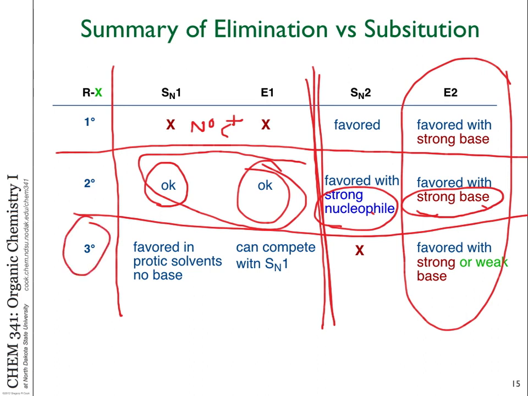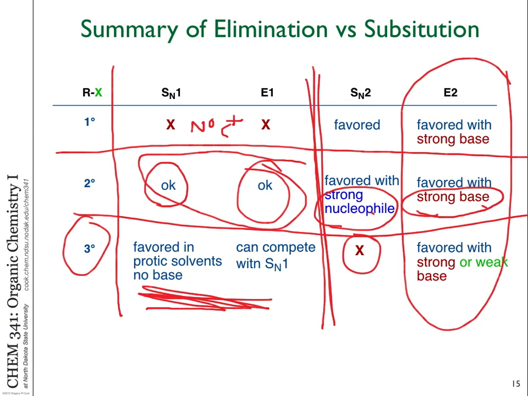Tertiary substrates are favored to form carbocations. It can't do SN2 substitution, so that X means it won't happen. Remember that E2 elimination only requires approaching a hydrogen adjacent to the leaving group carbon.